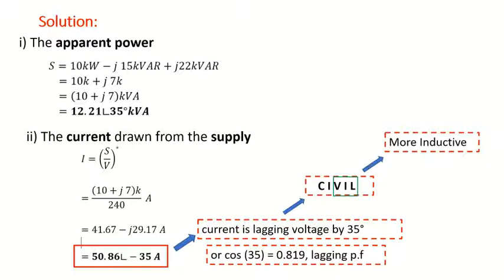So here we have 10 plus j7 divided by 240 angle zero degrees.